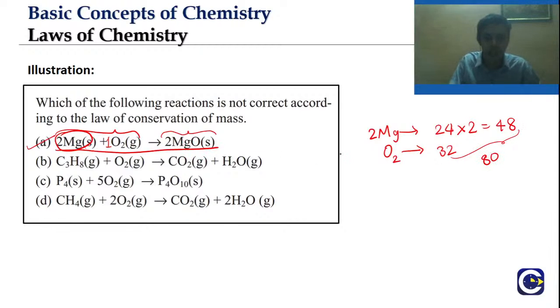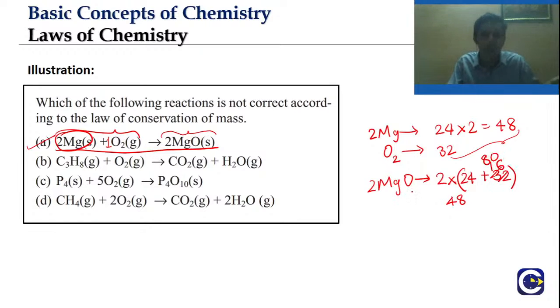Whereas on the right side, it is 2 MgO. You can cross verify how much it will be. It is 2 into 24 plus 16, because the atomic mass of oxygen is 16, and 2 is for 2 molecules of magnesium oxide.